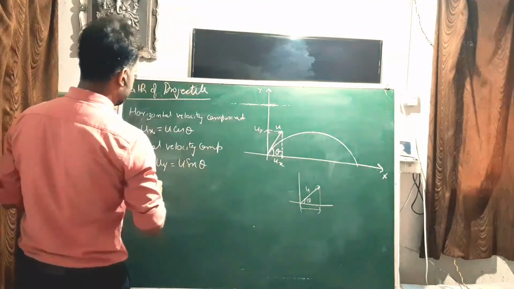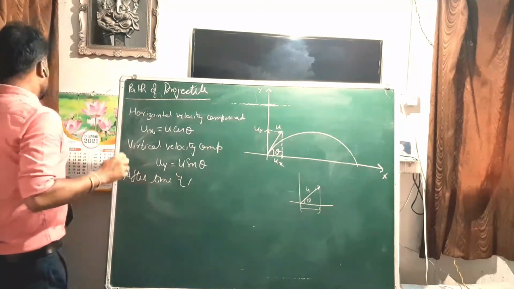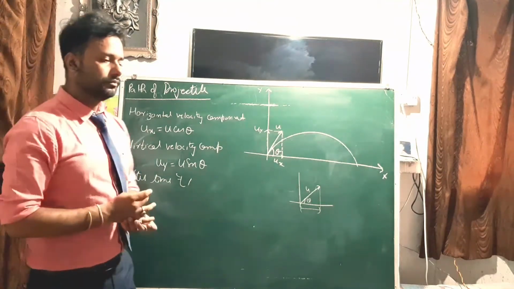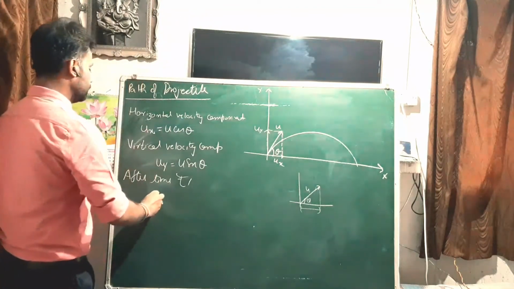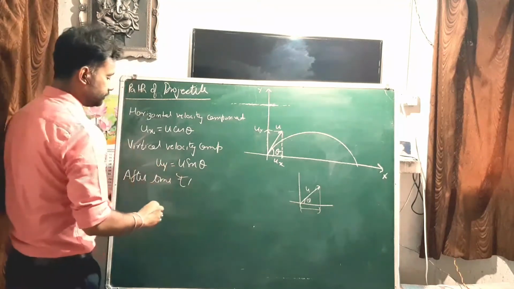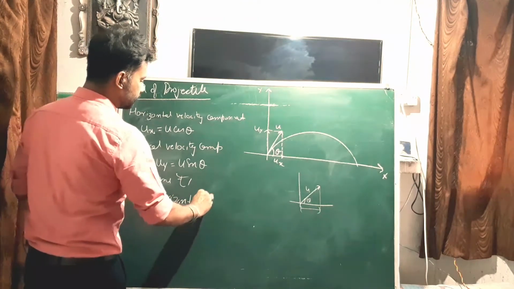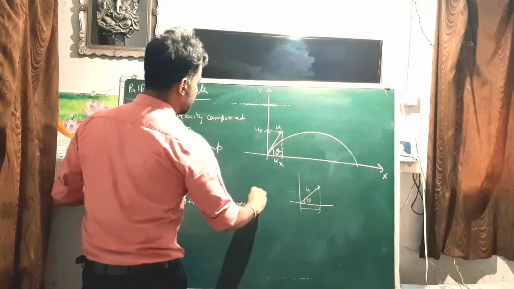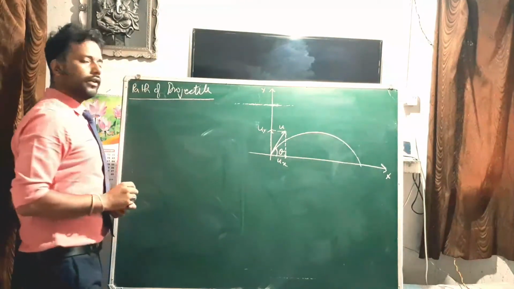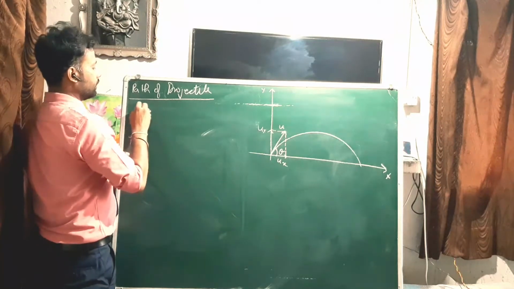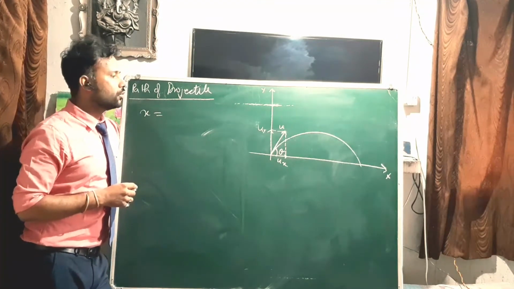So let's say after time t, the horizontal distance covered by the projectile will be x equals, as I said, x distance covered will be due to the horizontal component of velocity.